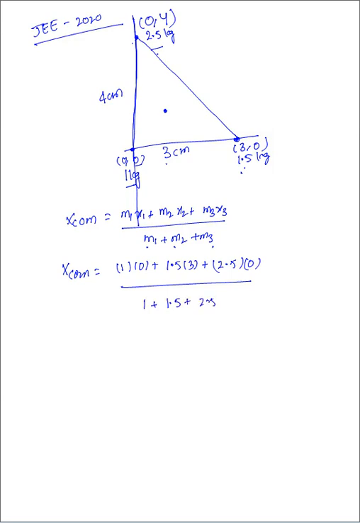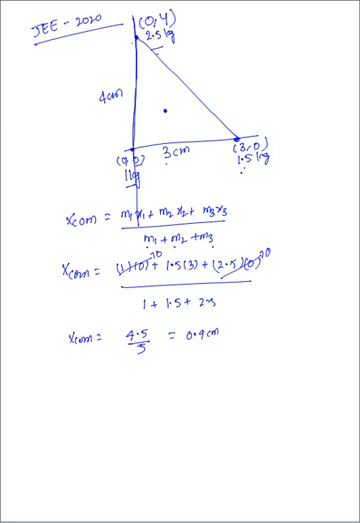This tends to 0 because 1 into 0 is 0 and 2.5 into 0 is 0. 1.5 into 3 is nothing but 4.5. Therefore XCOM equals 4.5 divided by 5. 5 fours are 20, 5 nines are 45, so it will be 0.9. So we get 0.9 centimeters here.